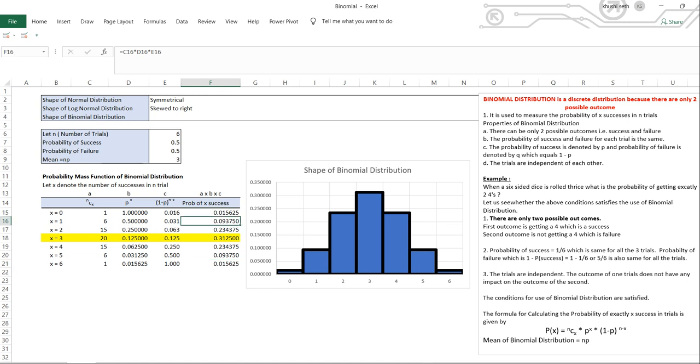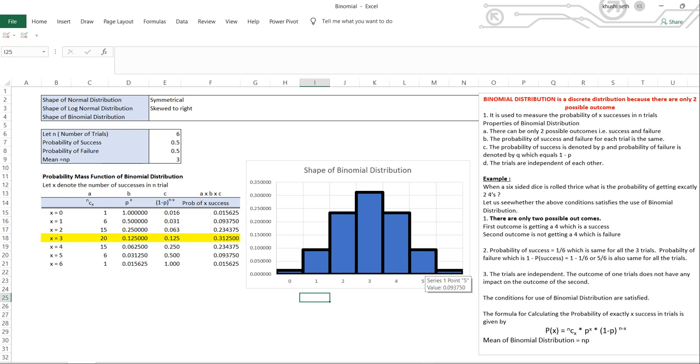The probability of having 1 success is equal to the probability of getting 5 successes. The probability of having 2 successes is equal to the probability of having 4 successes. So there are equal probabilities on either side of the mean, confirming that it is perfectly symmetrical.